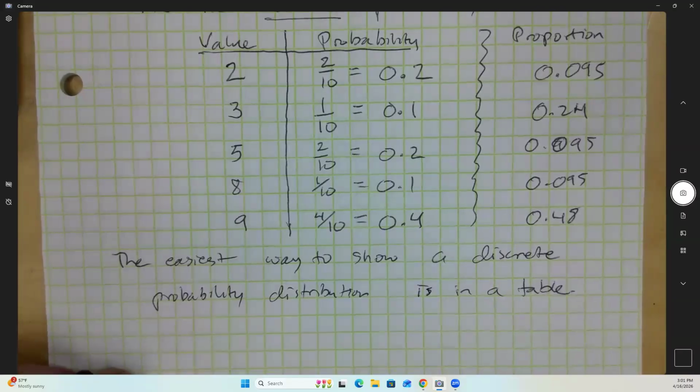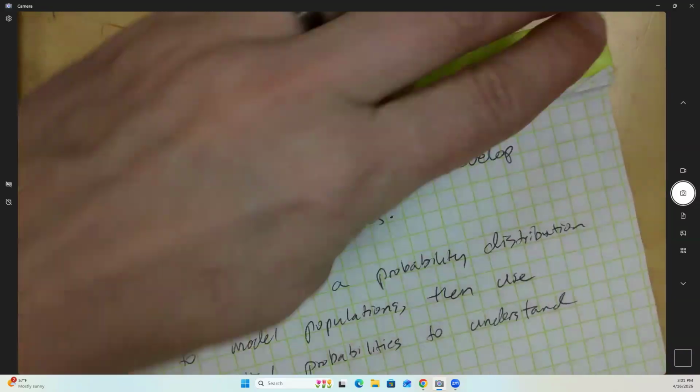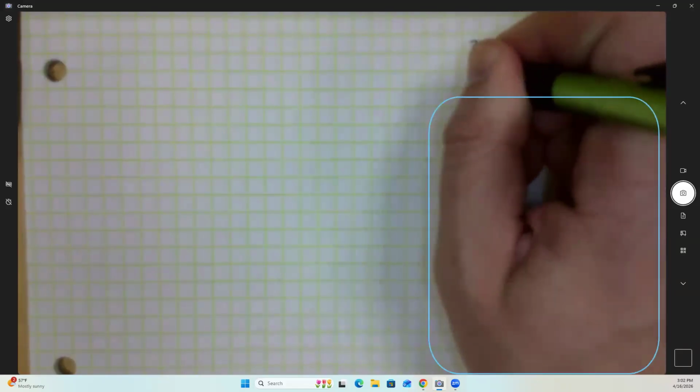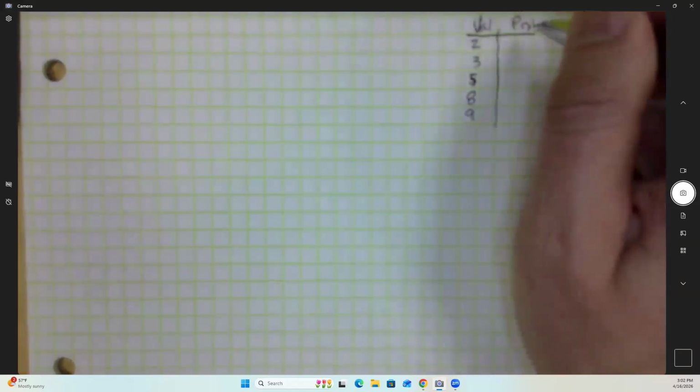But let's explore this a little bit more. I'm going to rewrite it up here just so that we have it for reference, just nice and small. 2, 3, 5, 8, and 9. This is the value, and this is the probability, 0.2. If you just want to write it one time in your notes, that's fine. I just want it up here so that you all can see it when I refer to it.